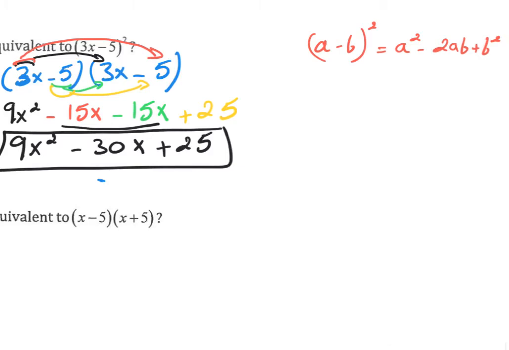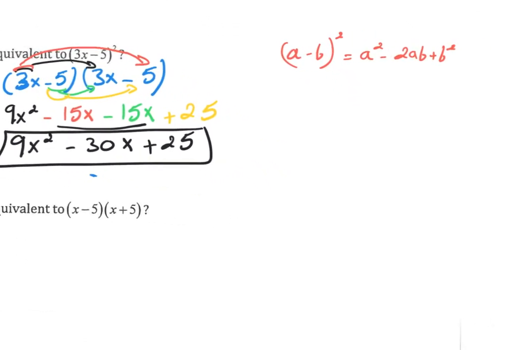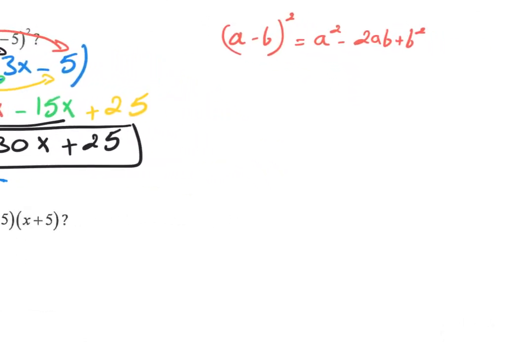So we can use this formula in this example. Let's suppose I have 3x minus 5 squared, right? In this case, a will be 3x by using the formula.